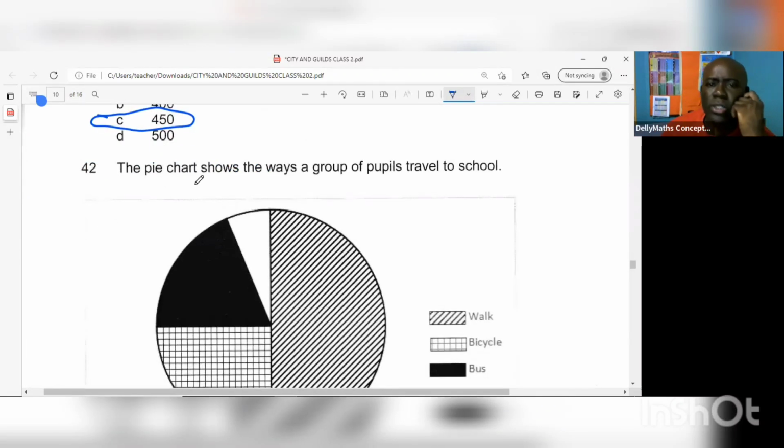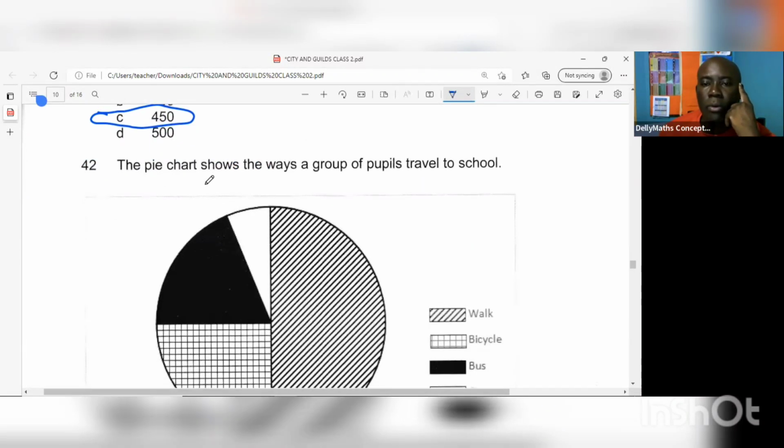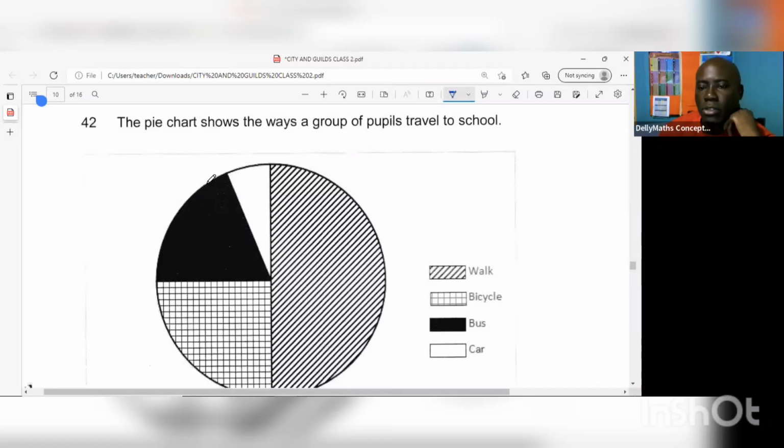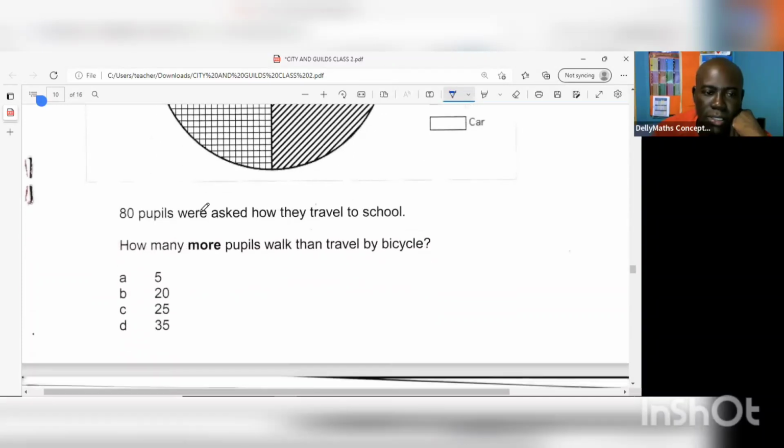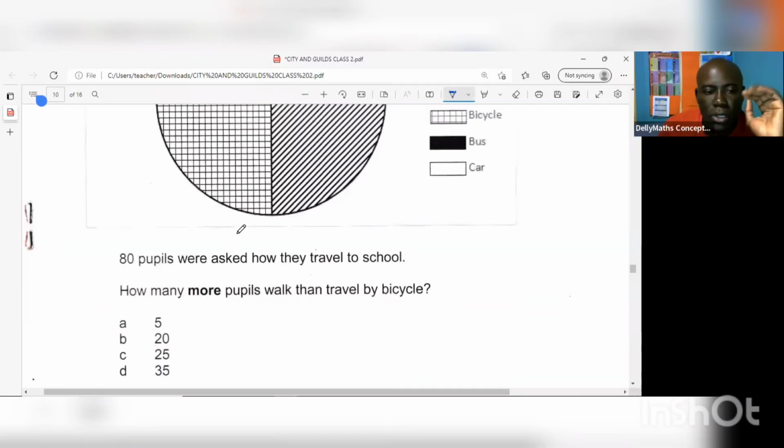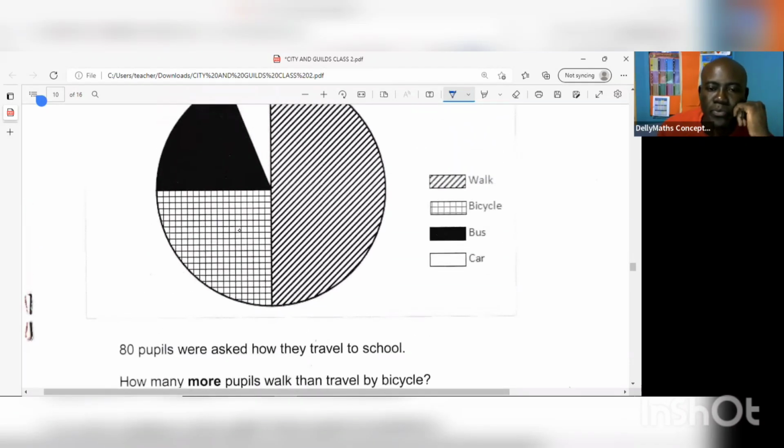The pie chart shows the ways a group of people travel to school. They walk, they run, they go by bus, they go by bicycle, and they go by car. So we're talking about a total of 80 people in the survey. How many more pupils walk than travel by bicycle?